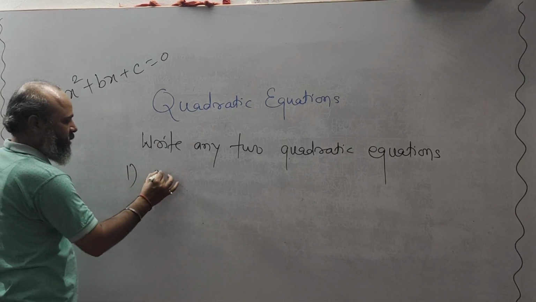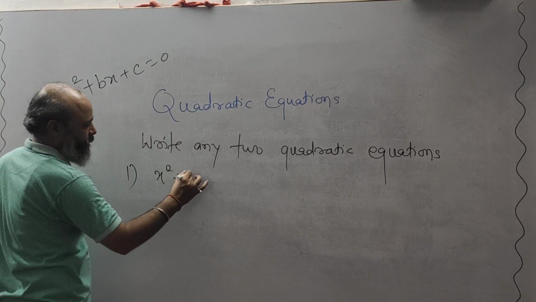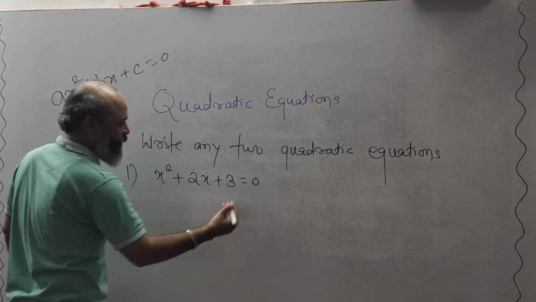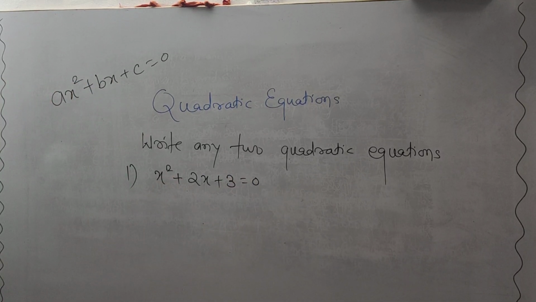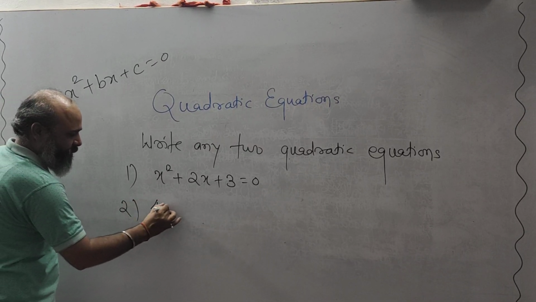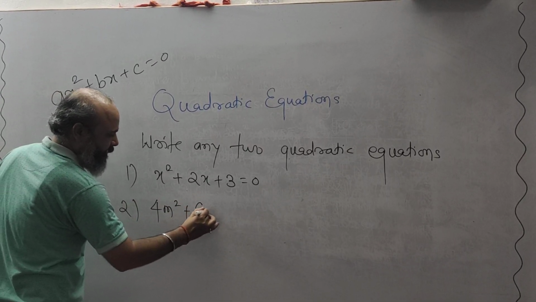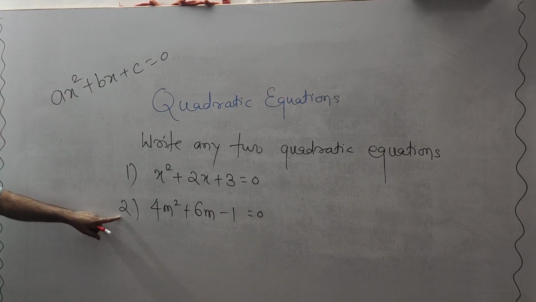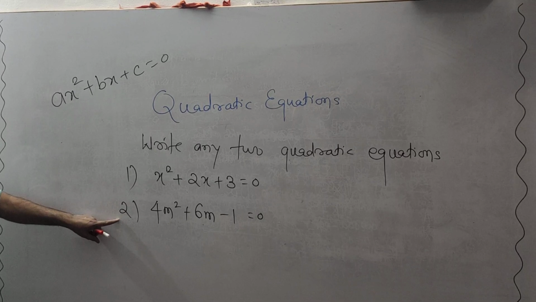So the first is 1x² + 2x + 3 = 0. This is one of the quadratic equations. Second, you may write 4m² + 6m − 1 = 0. This is another quadratic equation.